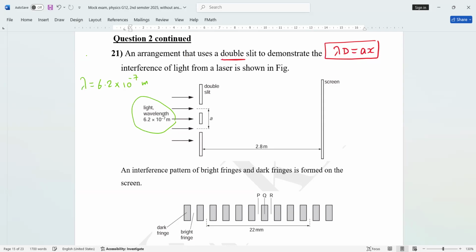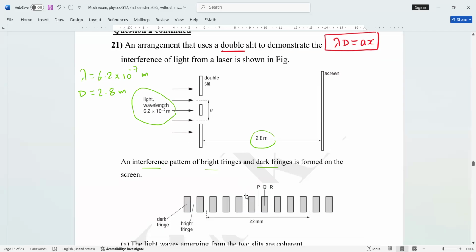Also, this is D, capital, the distance between the double slit and the screen, 2.8 meter. An interference pattern of bright fringes and dark fringes is formed on the screen. It is the same as the experiment we did in the lab.